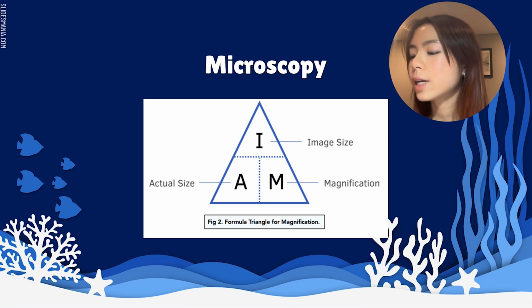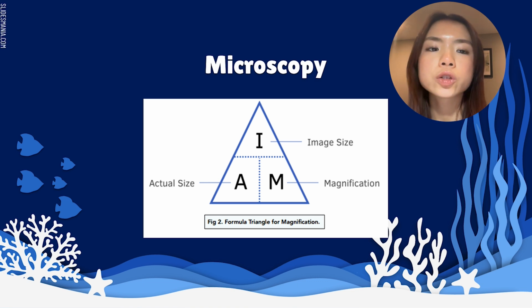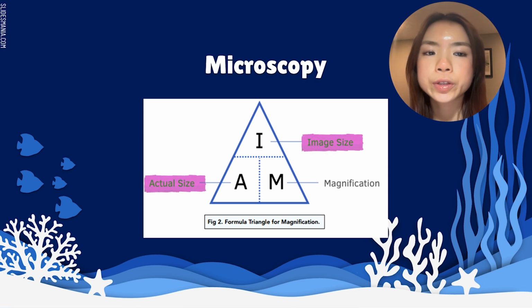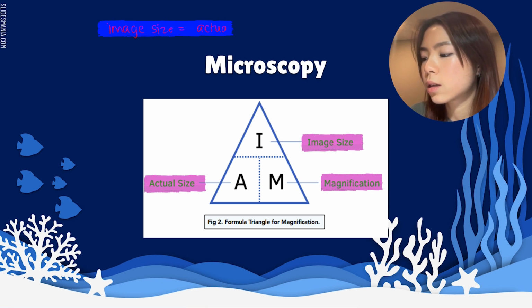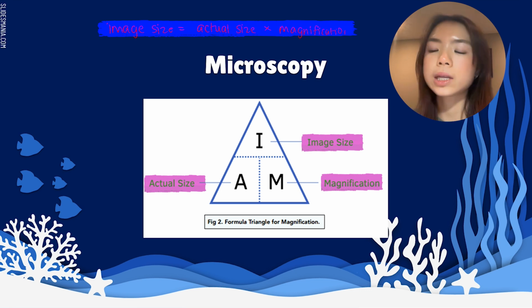Here is the equation that joins together image size, actual size, and magnification. We can see that the image size is on the top. Sometimes you might see it written as image size equals actual size times magnification. How you arrange the formula is completely up to you. Sometimes I feel like the triangle is what works best for me.